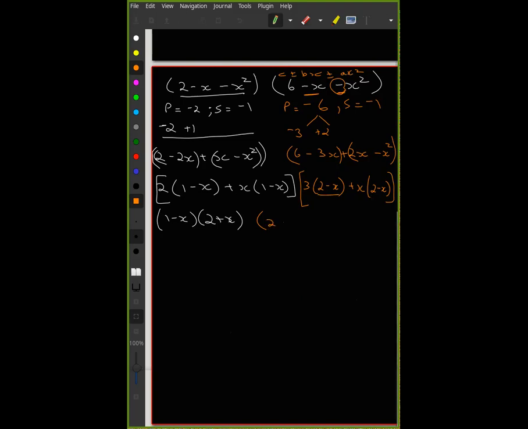So I'm going to write 2 minus x, then open a bracket and divide each term. Dividing the first term, I'll get 3 plus x. This is the correct way to do it so that your answer doesn't go wrong. So your final answer now is 1 minus x, 2 plus x, 2 minus x, 3 plus x.